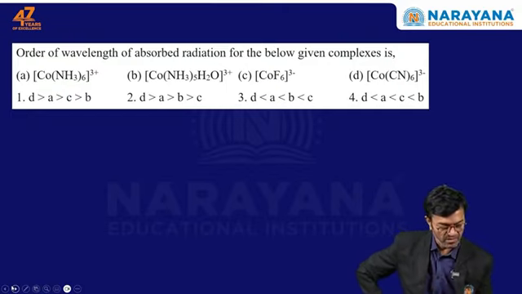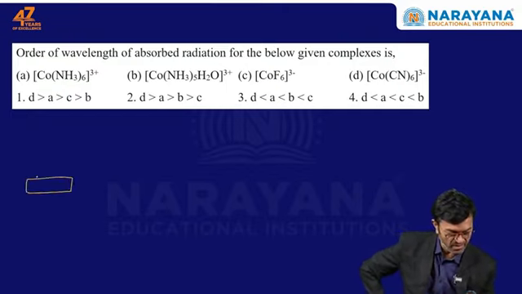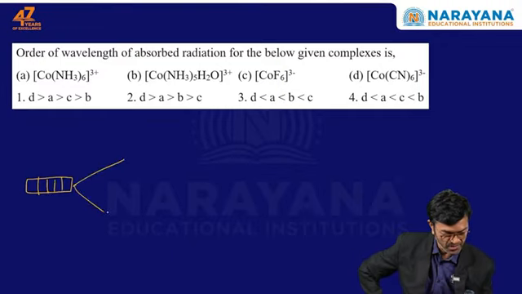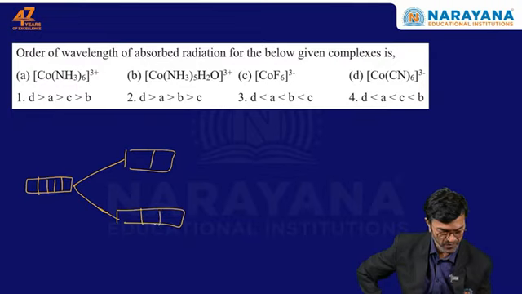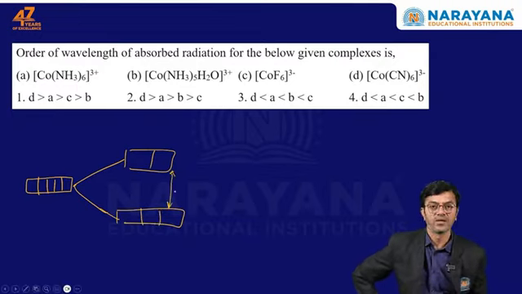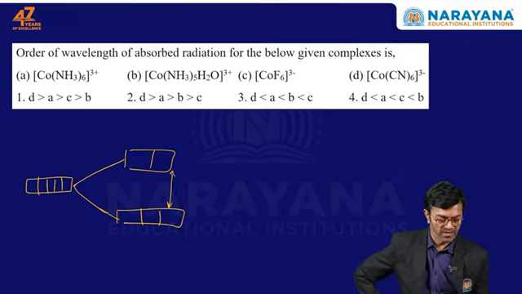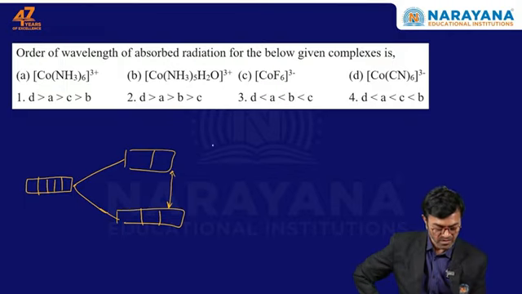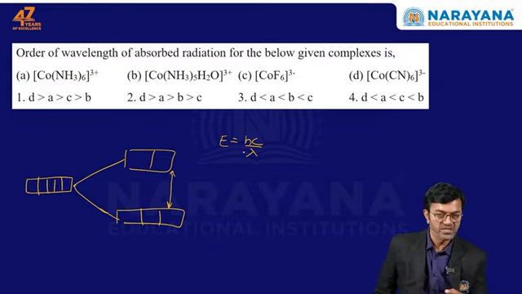In the presence of a ligand, the degeneracy of the d orbitals will be lost and they split into two levels. The energy gap between them depends on the wavelength of the light. So that energy is equal to, we know, hc by lambda.